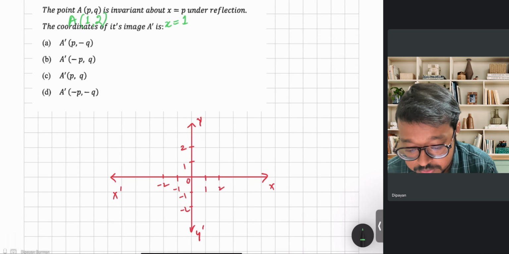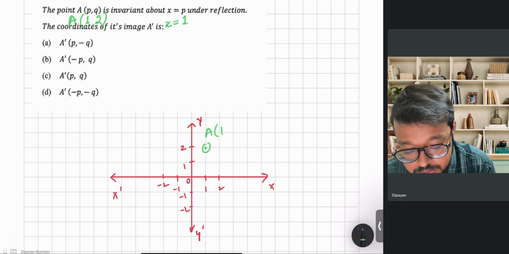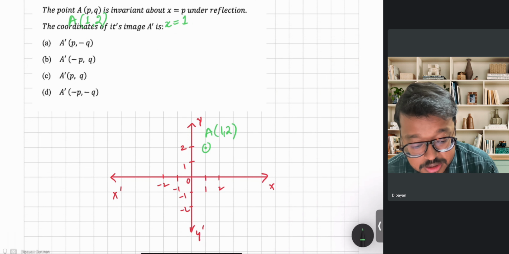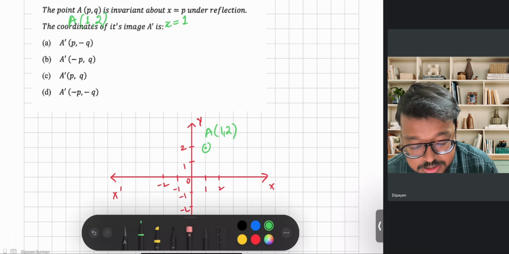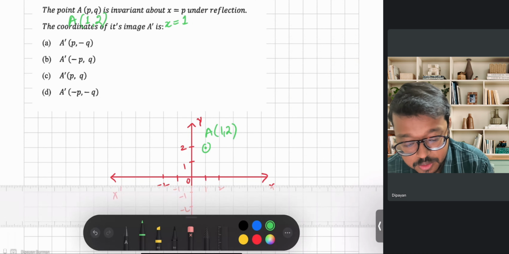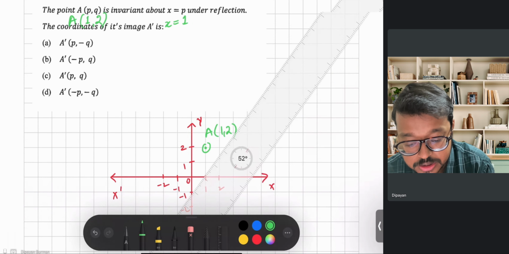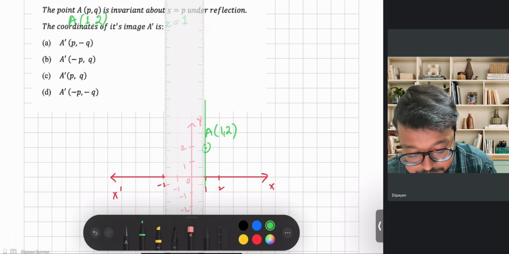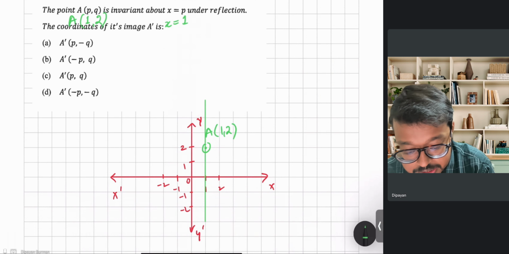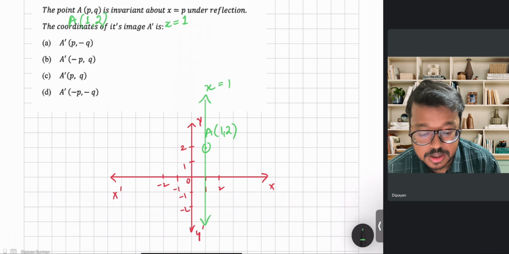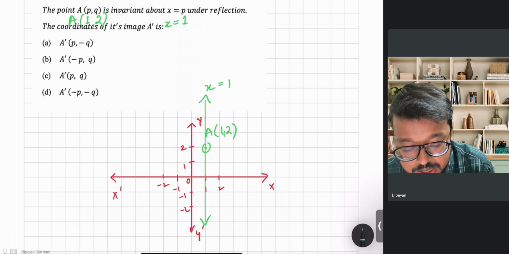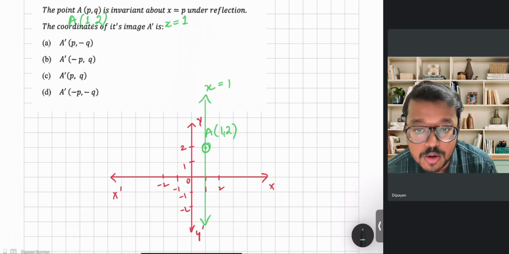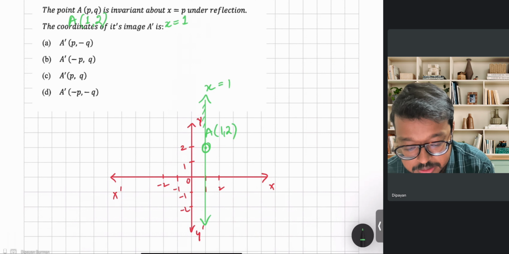Suppose again in the rough graph, point A (1, 2) will be somewhere here and the line x = 1 is a line parallel to the y-axis and 1 unit to the right of the origin. So if I draw this line, it represents x = 1. Now imagine that I have my point A (1, 2) and this is my mirror.